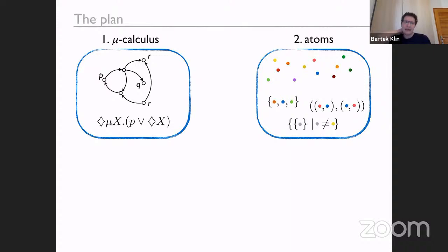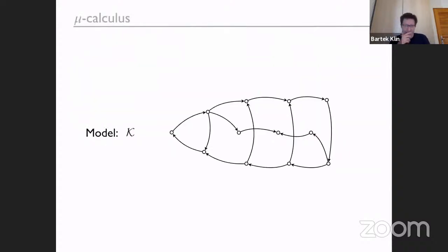Now, I intend this talk to be easy to follow, and I will not give you any proofs of anything. I will rather focus on examples of various properties expressible in my calculi to highlight the differences of various calculi.